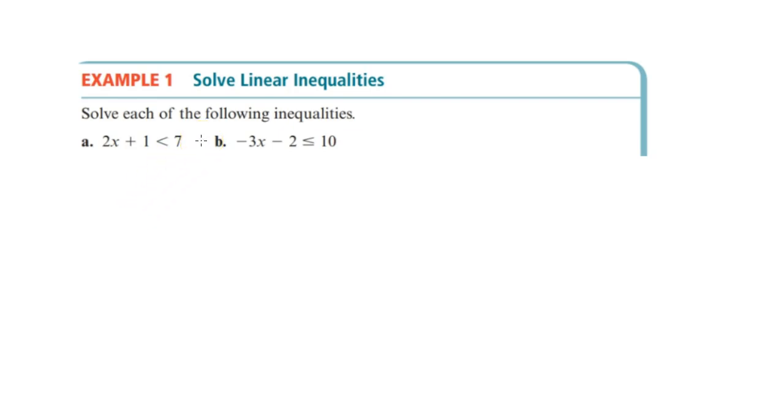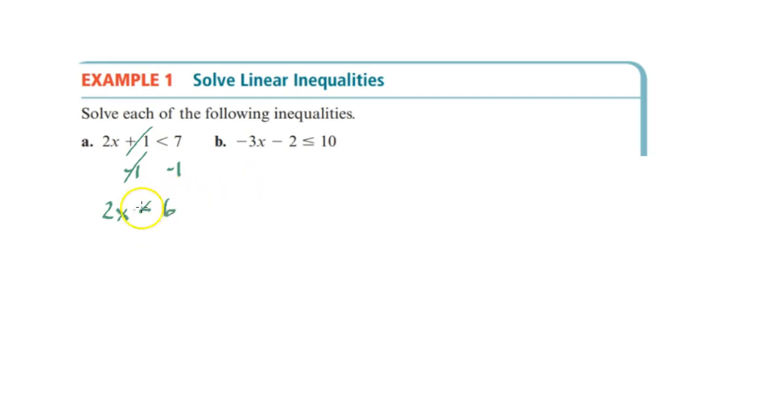algebra. All right, so first we would deal with this plus 1, as you would imagine, and we would subtract 1 from both sides of the equation. That would cancel the positive 1 from the left side of the equation. We'd be left with 2x is less than, so the inequality stays the same, less than 6.